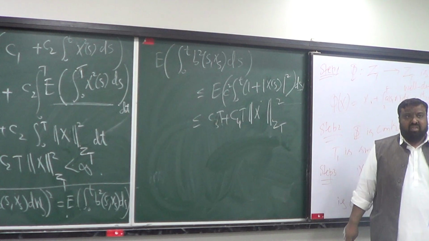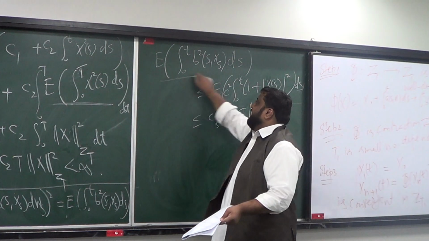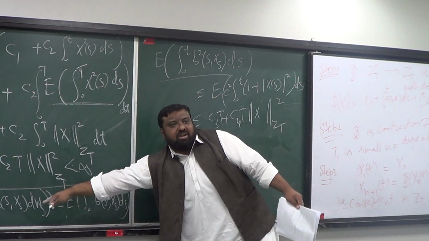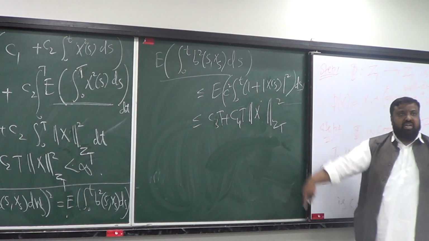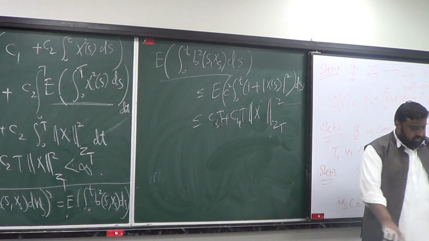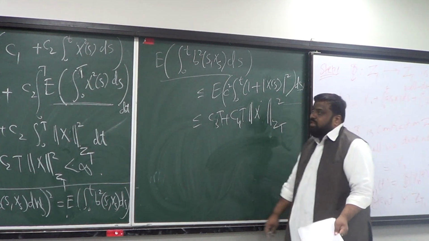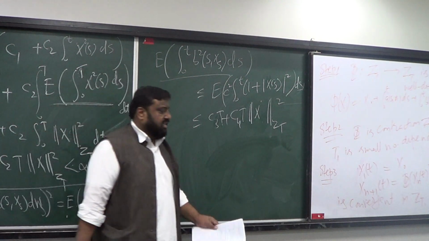Are you getting the point? Once this becomes a deterministic integral, the argument is really the same as the previous argument. Just repeat the argument. So thanks to the Itô isometry it works. So what does this show? That all three terms are okay and phi is well defined.